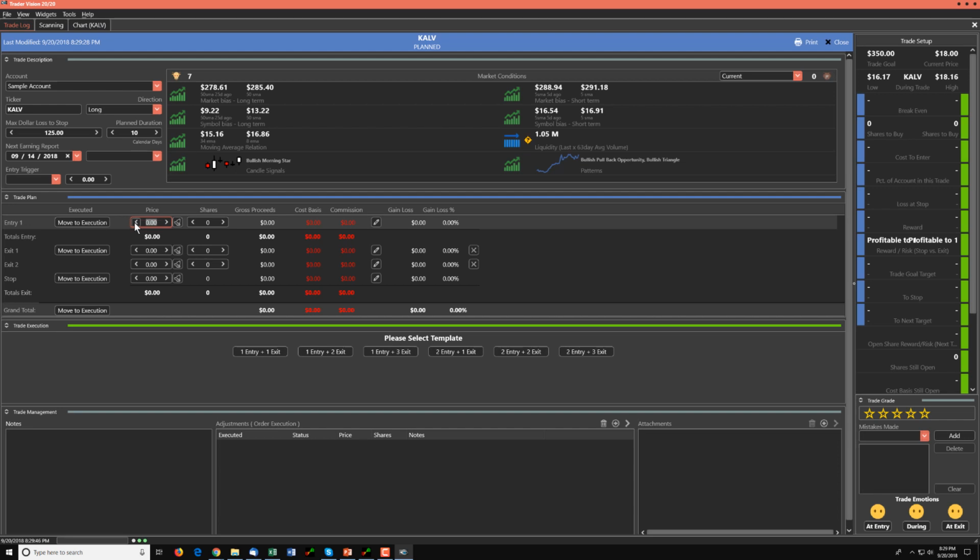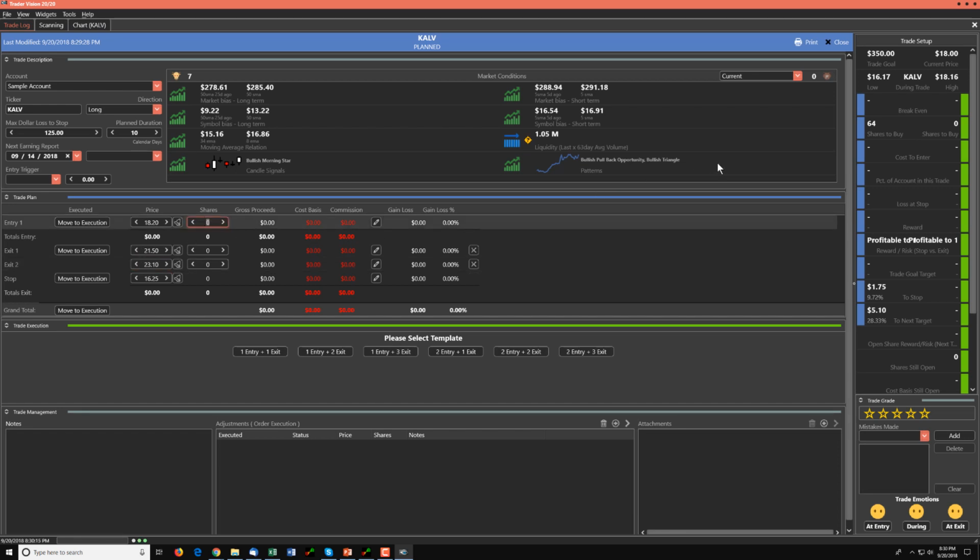And if we use those numbers, 18.20 as an entry, 16.25 as a stop, and 21.50 as a rough first target, and 23.10 as a rough second target.